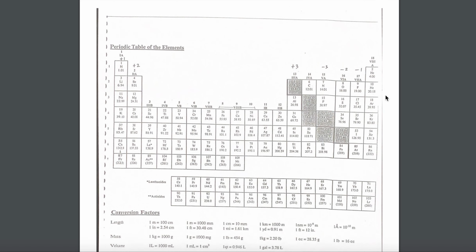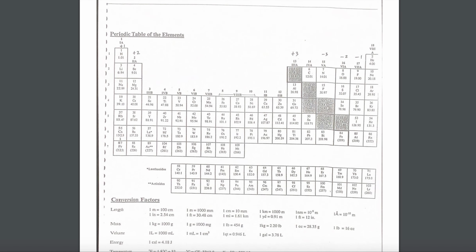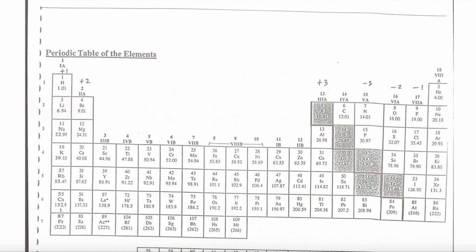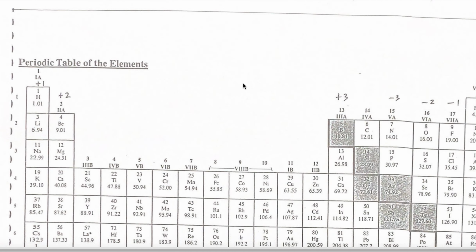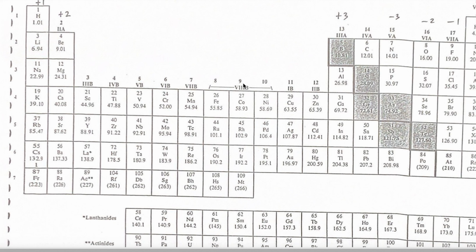On the periodic table, there are two numbers. You notice that the first one on the top, in this case, is the smaller number. The bottom is the larger number. Remember, the smaller number is called the atomic number. That tells you how many protons an atom has.